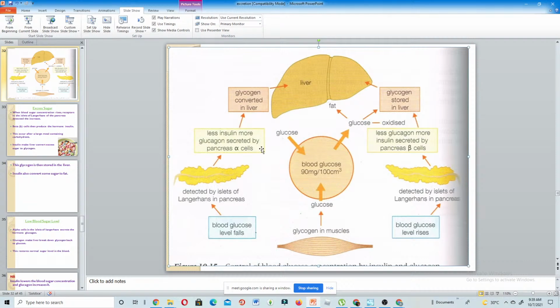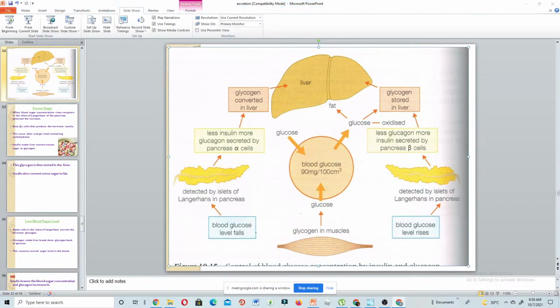So we need to know the difference in terms of when these two hormones are released. Again, when the blood sugar level falls, the hormone that is produced is glucagon. What the glucagon will do now is go to the liver and instruct the liver to convert the glycogen back to glucose. You remember on the other side, the excess glucose did convert to glycogen. How many persons remember that?